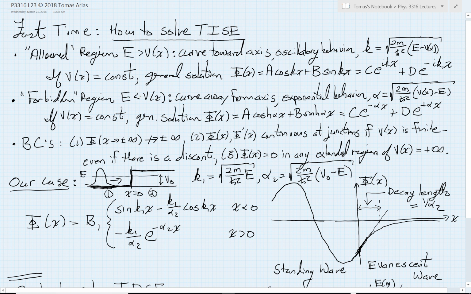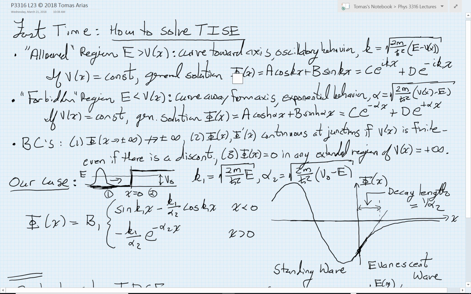Now, what we learned for the classically allowed region was that the wave function tends always to curve toward the x-axis. That then results in oscillatory behavior characterized by a local wave vector k, which has the formula that I've given to you here. If we are in the happy circumstance where the potential is actually constant, which would make this k a constant, then it's very easy and quick to write down the most general possible solution for such a region.